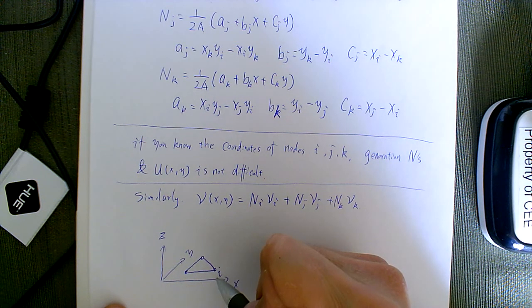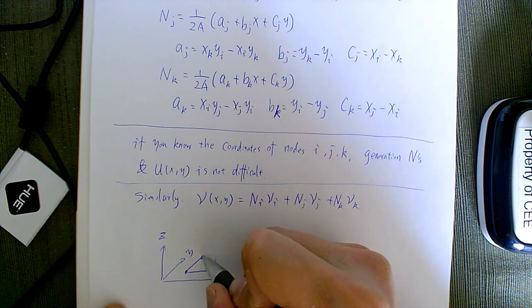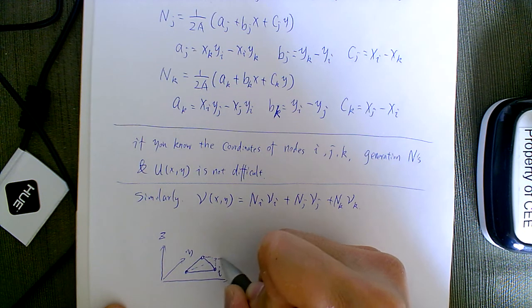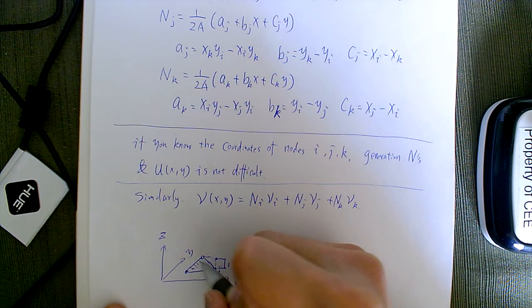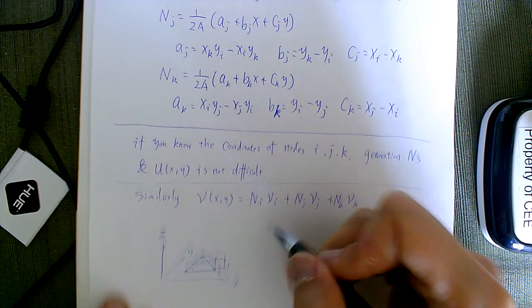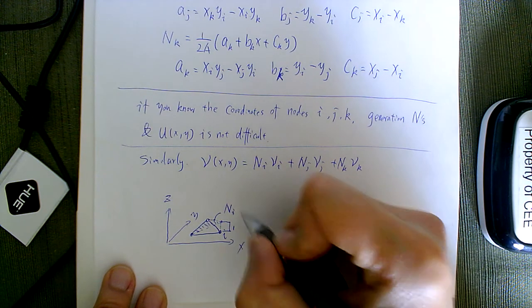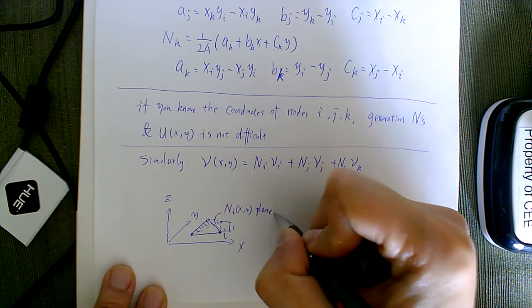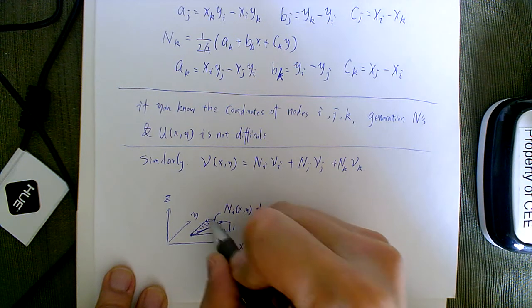Basically, if this is node i, the Ni plane is simply something like this. If this is 1, this plane is the Ni(x, y) plane.